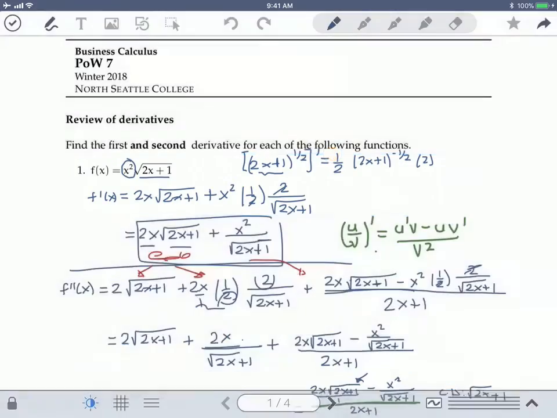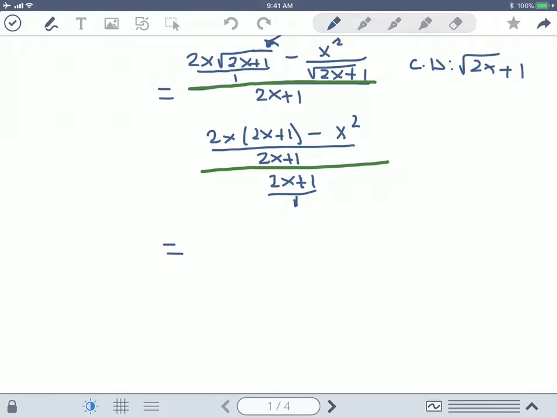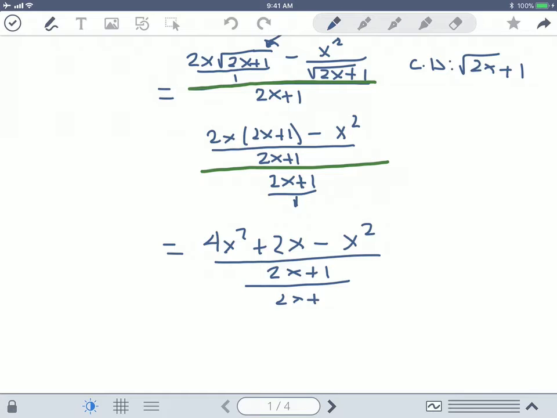had an equal sign. Oh, what happened? Sorry. We're out of control here, but here we are. So now the top becomes 4x squared plus 2x minus x squared, over 2x plus 1, over 2x plus 1 over 1.